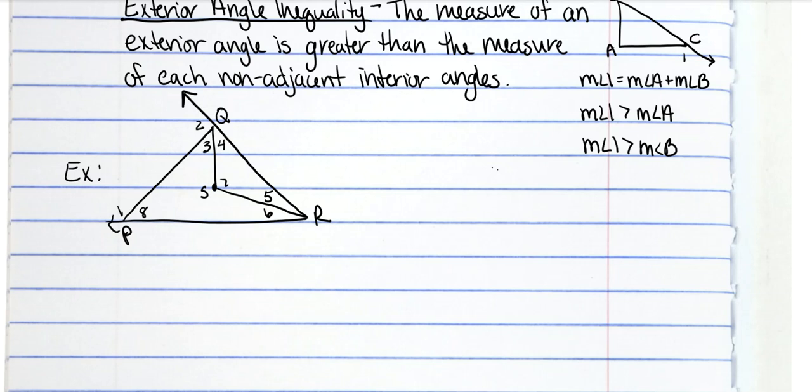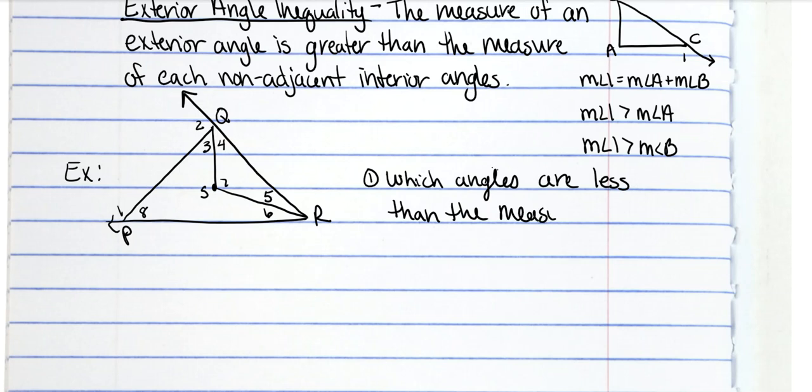Okay, so it says, which angles are less than the measure of angle 1? So, the measure of angle 1 is out here.